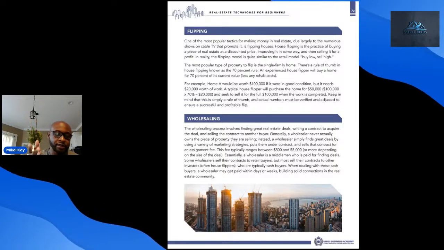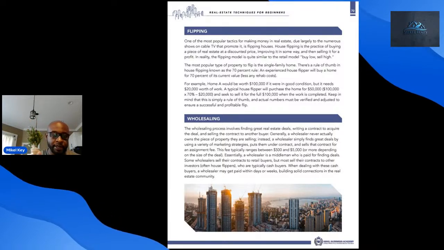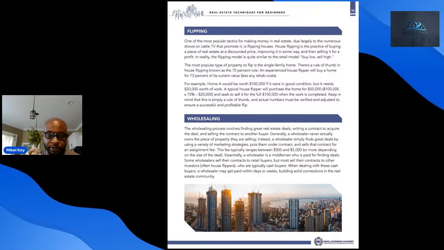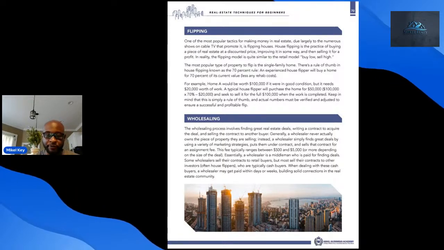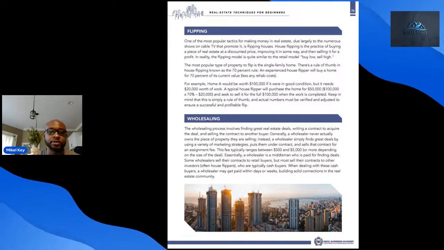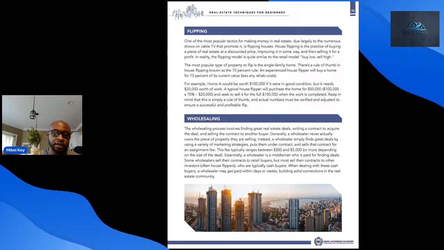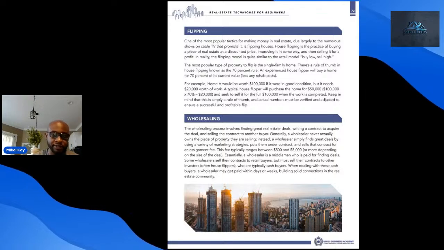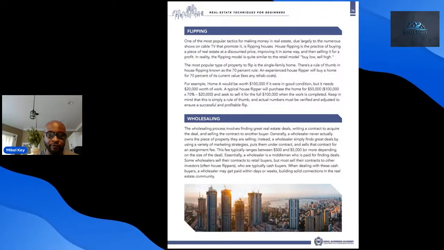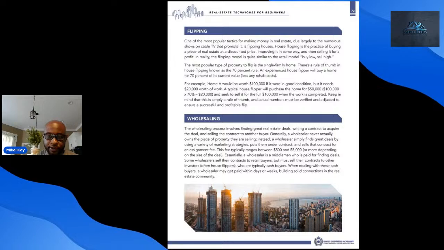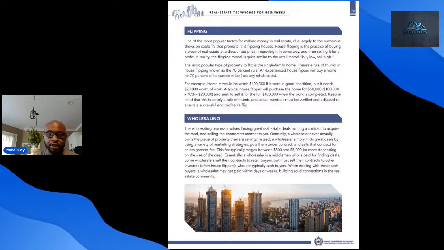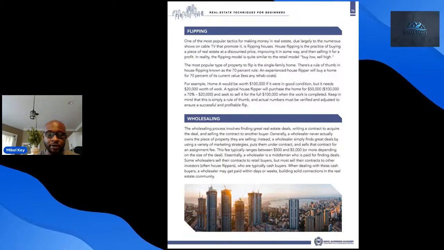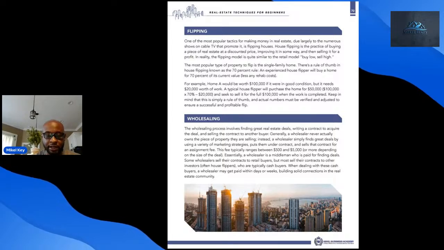Just go back and look at all the past sales in the area and calculate what that price per square foot is. If that price per square foot is $125 and your house is 1,000 square feet, you just multiply those, and you come out with $125,000.